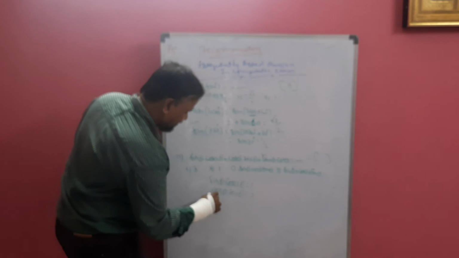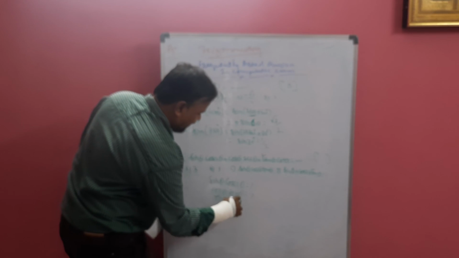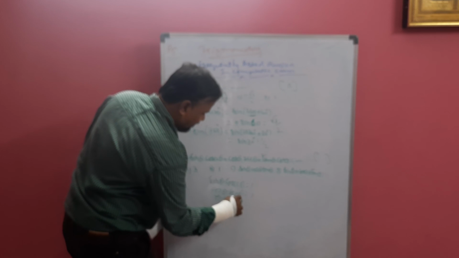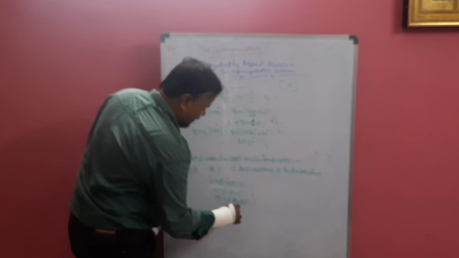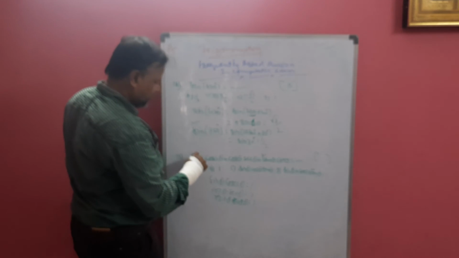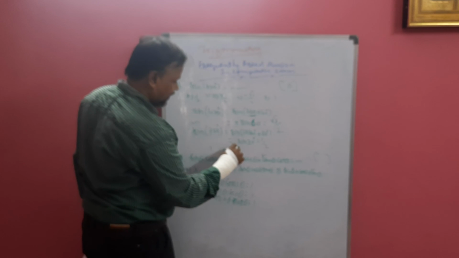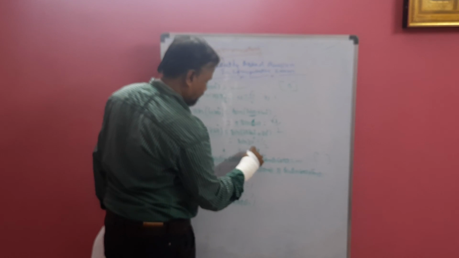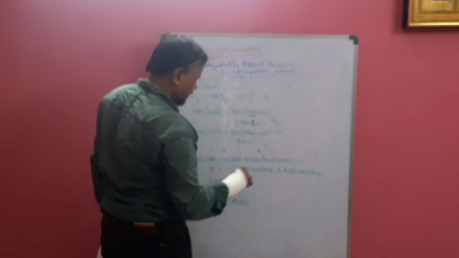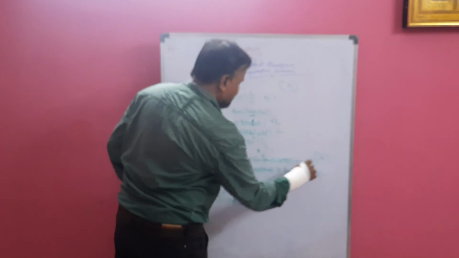Tan theta into cot theta again is an identity, both are in reciprocal form. So this is 1 plus 1 plus 1. How many? 3. Where is that 3? A. So A is our answer.